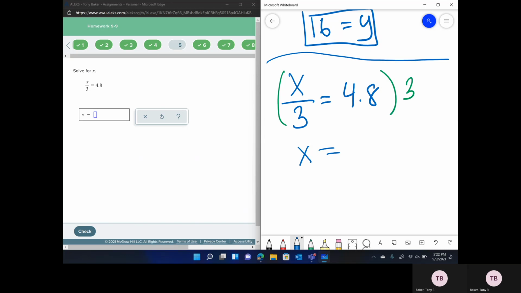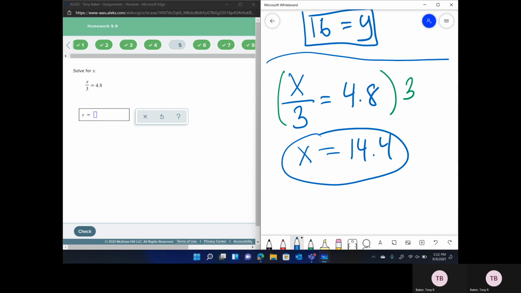So that's x equals. That's close to 5. So 5 times 3 is 15. And we did 0.2 times 3 is 0.6. So 14.4. Because I have to take away 0.6 if I added the 0.6.